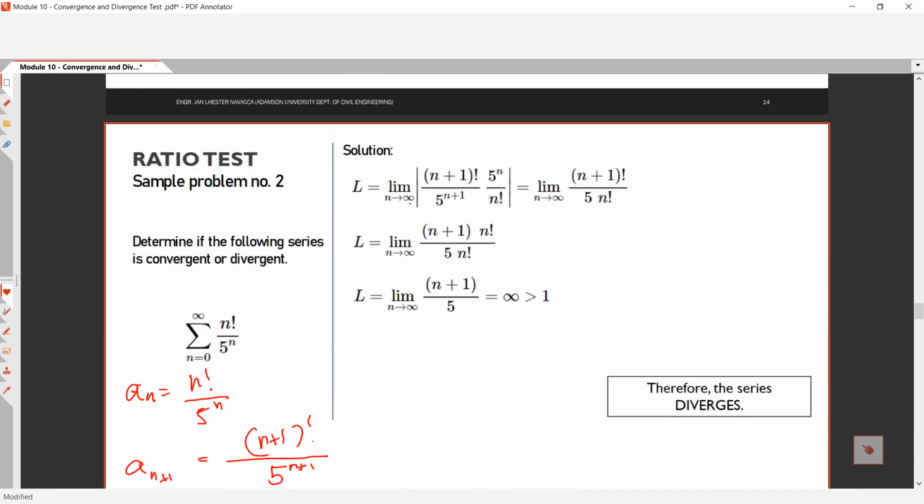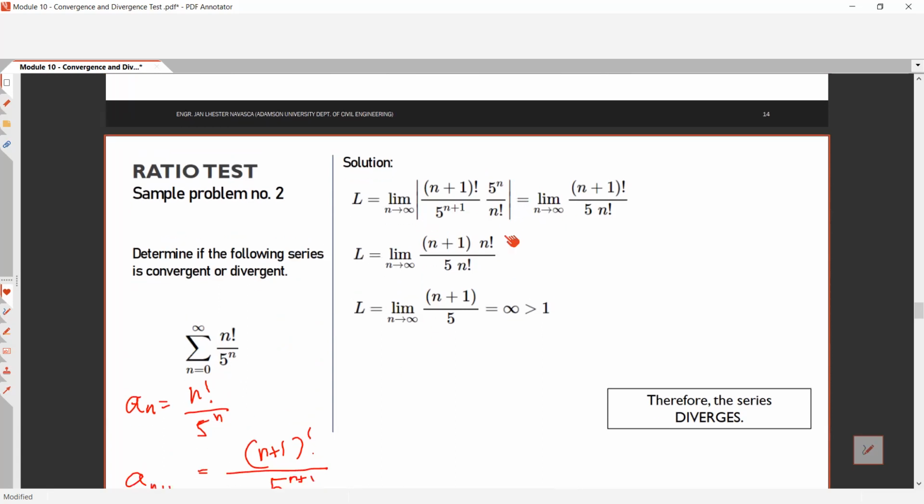So that's why it's like this. n plus 1 factorial over 5 raised to n plus 1 divided by a sub n. So it becomes 5 raised to n over n factorial. Okay? So simplifying this term. So n minus n plus 1, that is 5 raised to negative 1. Therefore, that is 5 in the denominator. Okay, so n plus 1 factorial over n factorial.